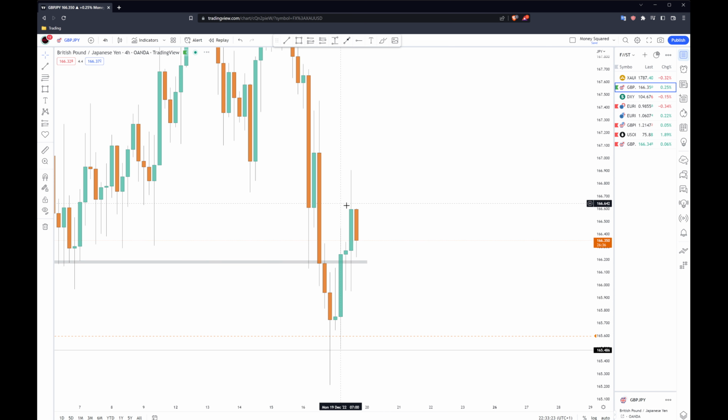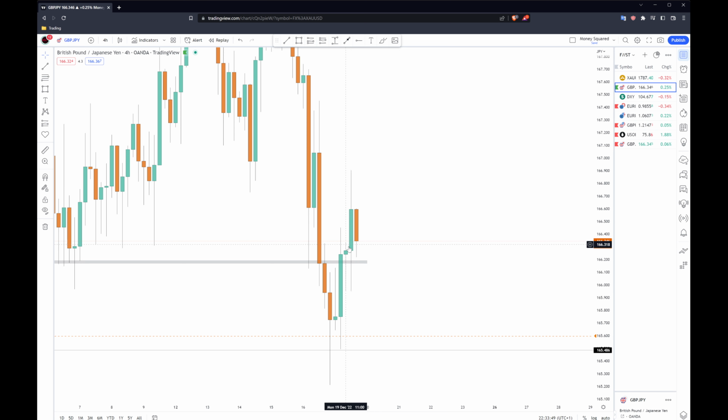So one 4-hour candle is built of 4 1-hour candles, and this is very important because, as you can see here, for example, we have a clear exhaustion here, and then we anticipate that the next candle will break the high and continue to the upside.